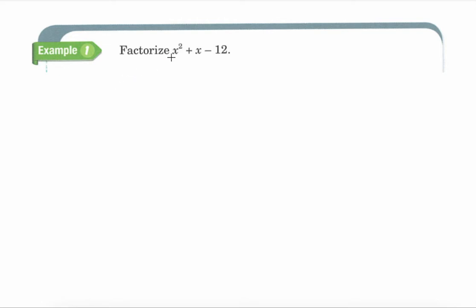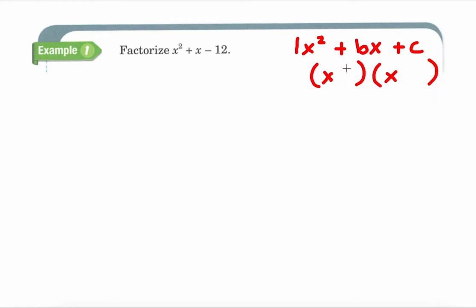All right, so I'm looking to see if it follows the same format where I have a coefficient of 1 for my first term, x squared, plus, we'll call this bx plus c, okay? Because since there is a coefficient of 1 there, just a normal x squared, I can already go ahead and fill in these x's in the front because they're going to multiply together to get x squared.